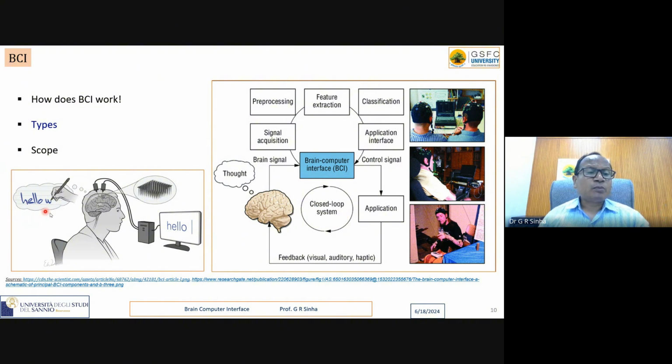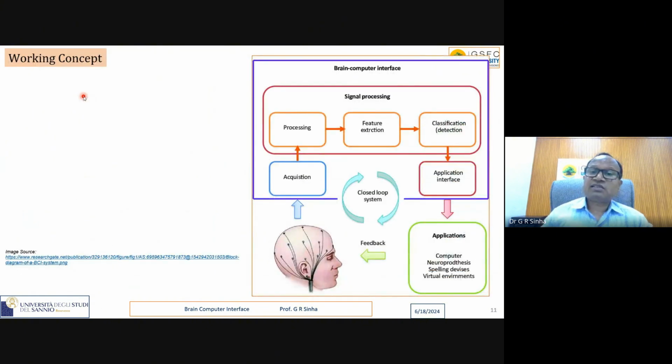Suppose somebody is saying something, and you want to understand and interpret what he is saying. That is possible, and this is possible by BCI. And this diagram again is not new. Again, the same thing, where brain computer interface has separated the different stages. This complete stage is called the signal processing stage. This is the acquisition stage.